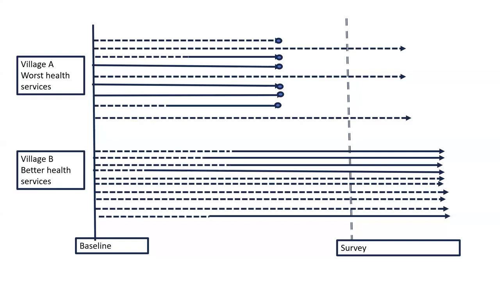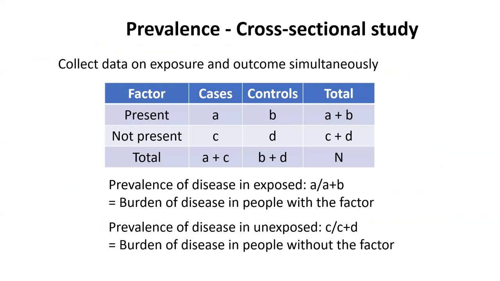So the word burden is very important here, and whenever you do a cross-sectional study, you can estimate the prevalence, and all the prevalence tells you is the burden of the disease. This is one key point to remember. And we all know how to calculate the prevalence, right? The number of cases divided by the total number of persons with or without a particular factor.